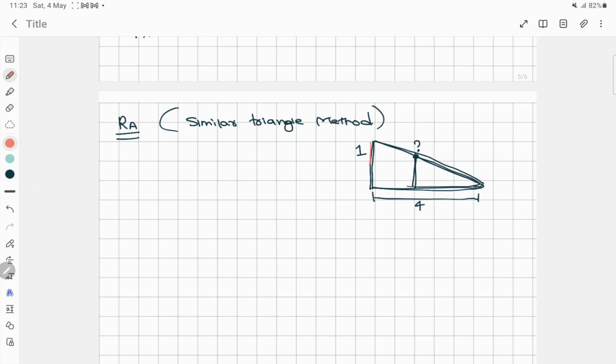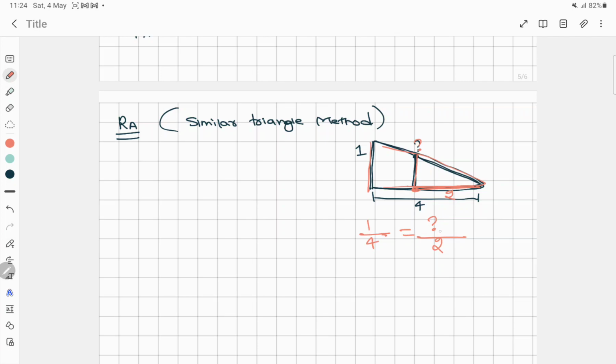So here this big triangle's height is 1 by 4, right? So it's 1 by the length 4 is equal to this small triangle, and this value is not known to us, so a question mark will be there, divided by the length from here to here, which is supposed 2 meter, so it will be 2.